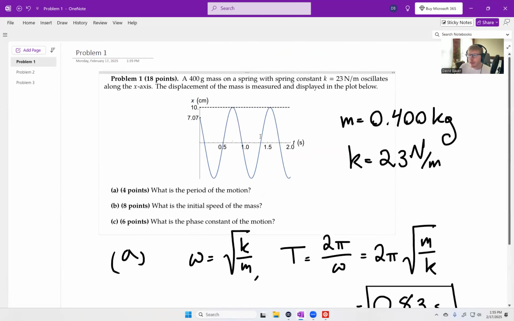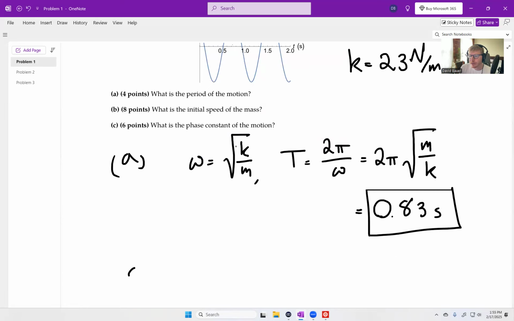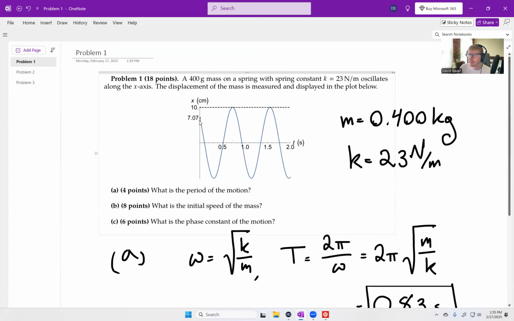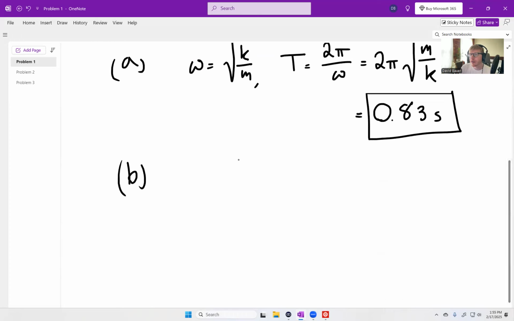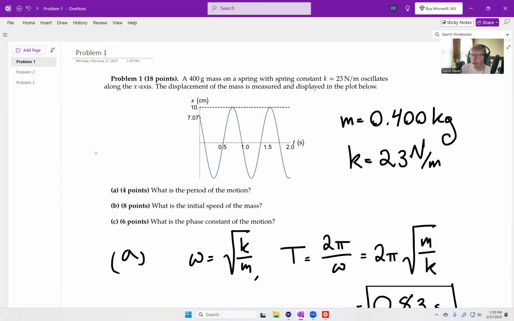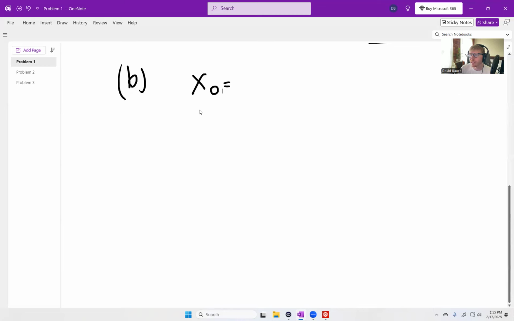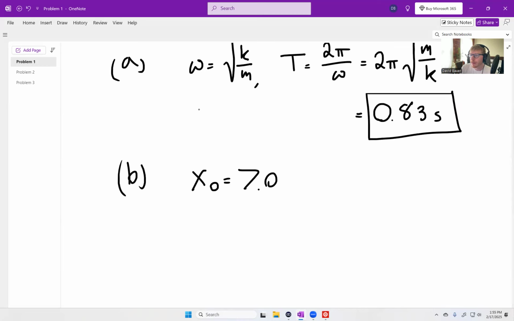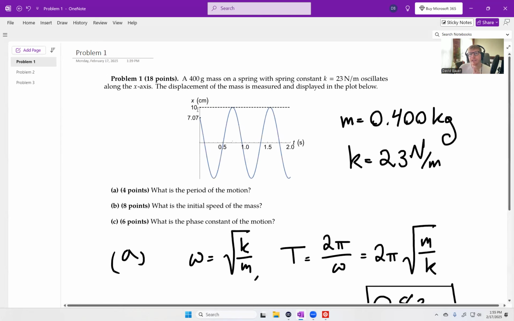All right. Then it's asking us for the initial speed of the mass. Now we have the initial position, right? That's given from the graph as 7.07 centimeters. And we also have the amplitude, right?